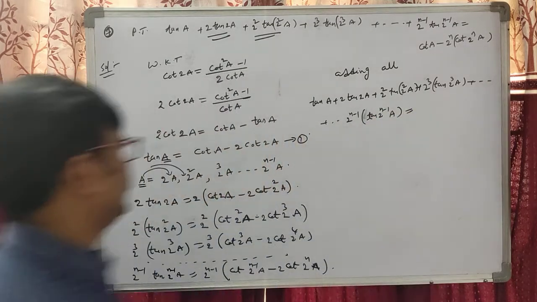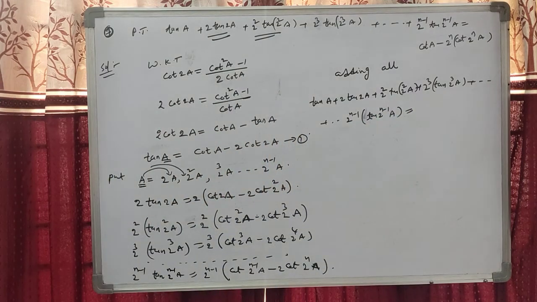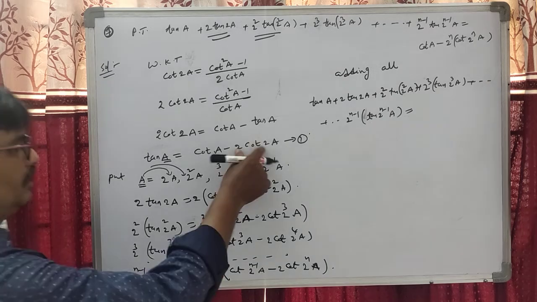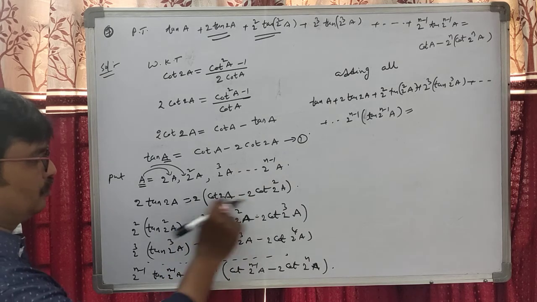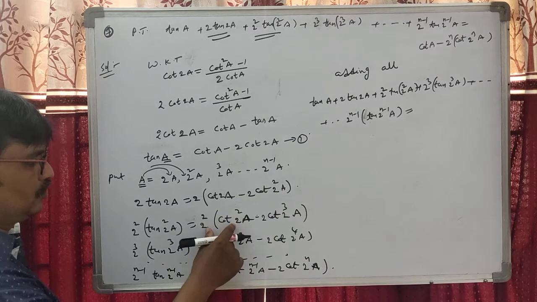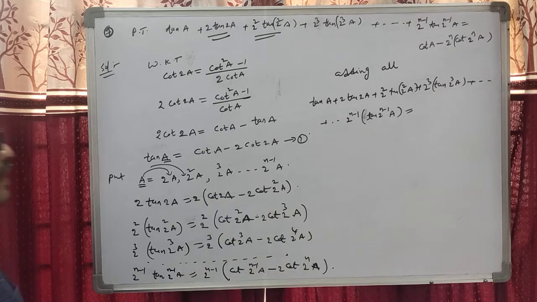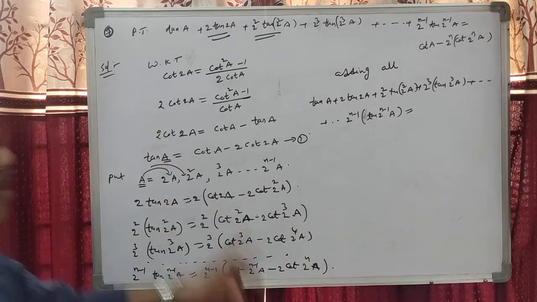Just observe what we observed here: this is minus 2 cot 2a plus 2 cot 2a, minus 2 into 2, 2 square cot a. All are cancelled except the cot a.